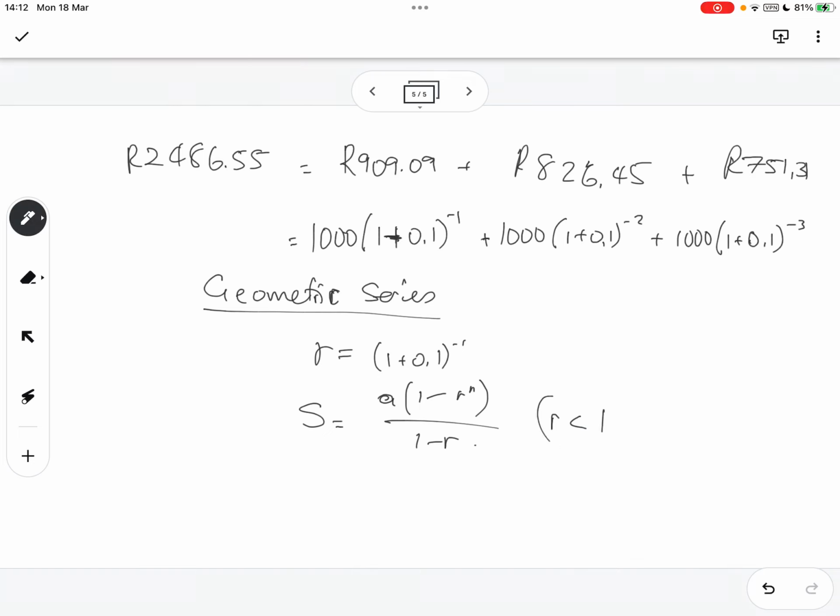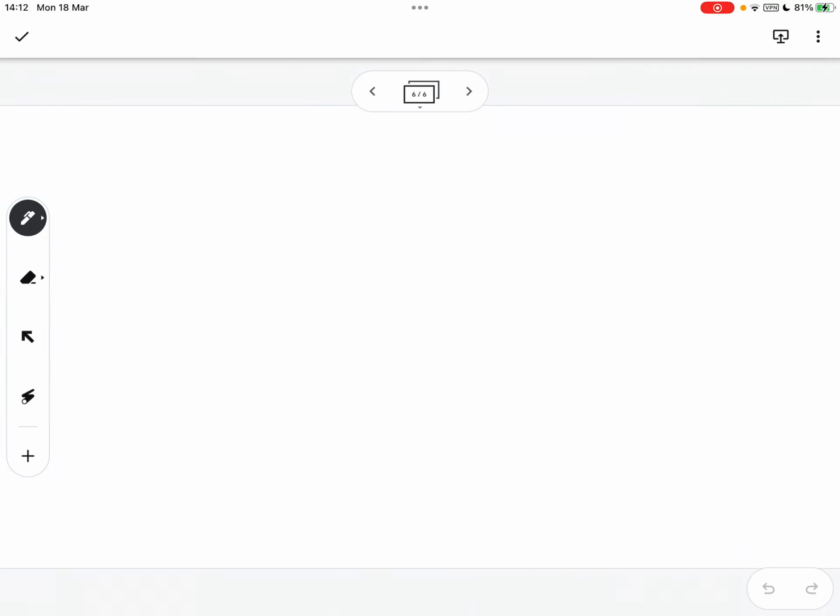For r less than 1. And our first term is 1000 times the constant ratio of 1.1 to the power negative 1, and the number of terms to which we must add the series is 3.